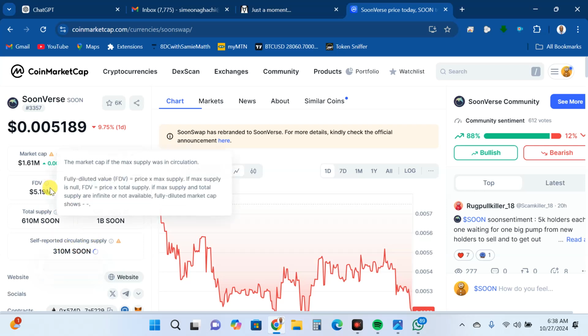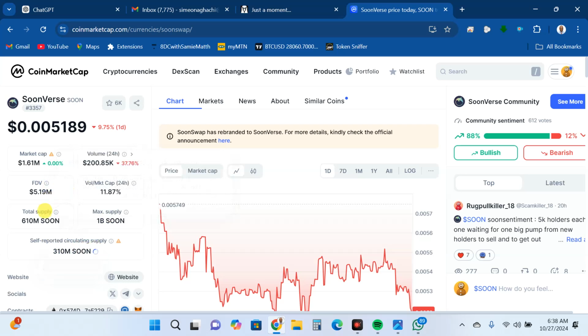But the most healthy supply metrics I like is where this one is different, this one is fine, and then this one and this one are the same but lower than this one. Do you know what that means? There's max supply showing, which is transparent, showing you that the team is telling us this is the maximum they can ever print in this project.